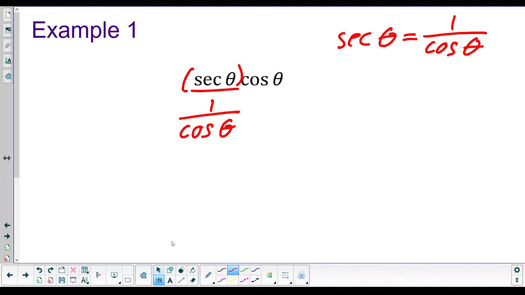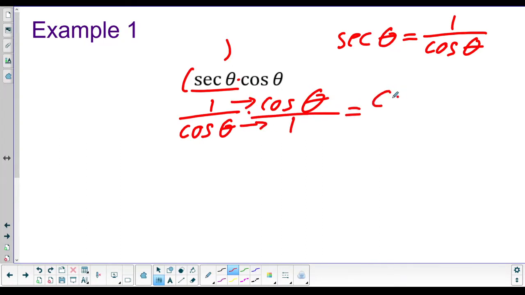And because these are just sitting next to each other, this is implied multiplication. So we're going to do times cosine of theta. All right, well, we could put this over 1, multiply straight across. So this is cosine of theta divided by cosine of theta. Something divided by itself is equal to 1.